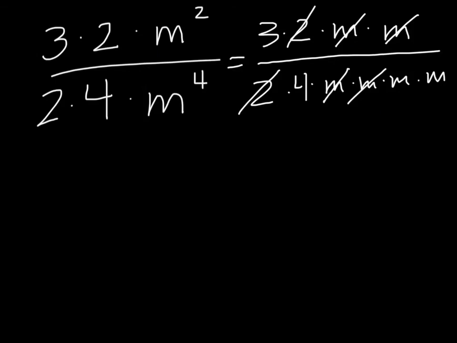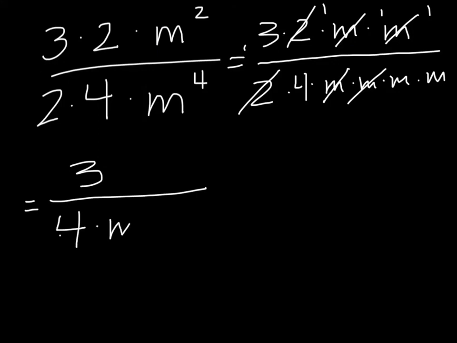So what do I have left in my numerator? I have a 3 left in my numerator, and that's it. The 2's gone, the m's gone. You could show your values of 1, but 3 times 1 times 1 times 1 is 3. In your denominator, you have a 4 times an m times an m, and that's what's left in the denominator. So let's simplify what we have.